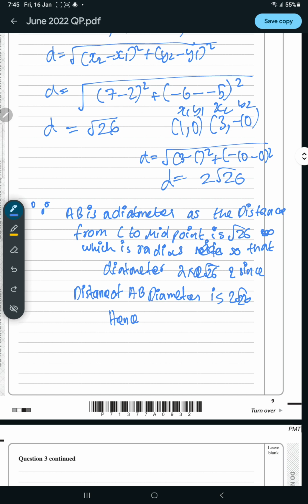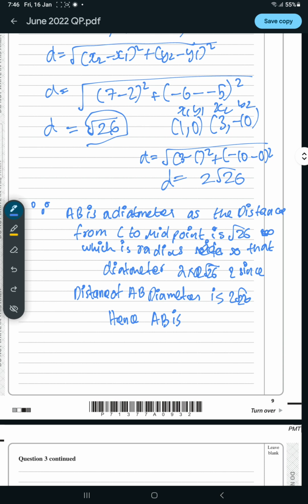Hence AB is a diameter, because we are getting the same answer. The radius is just root 26, but if we multiply by 2 to get the diameter, it's going to be 2 root 26. And over here, if we find the distance from A to B, it's giving us 2 root 26.